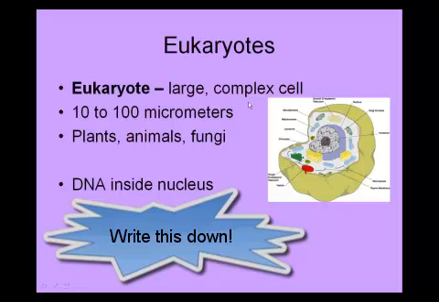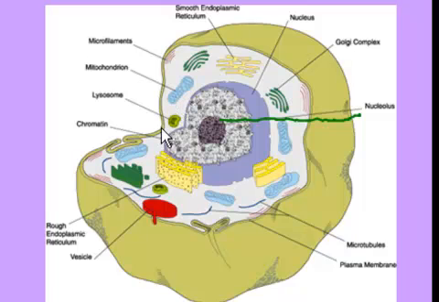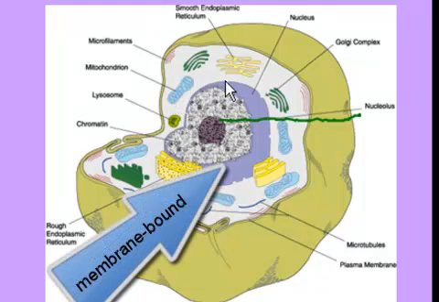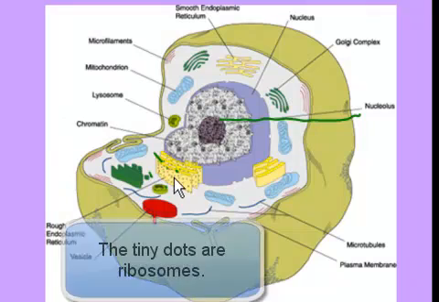They also have DNA, but their DNA is inside a nucleus. Here's the nucleus right here. The DNA is surrounded by a membrane that holds it in and helps keep it organized. They also have ribosomes, which are here on this yellow thing.